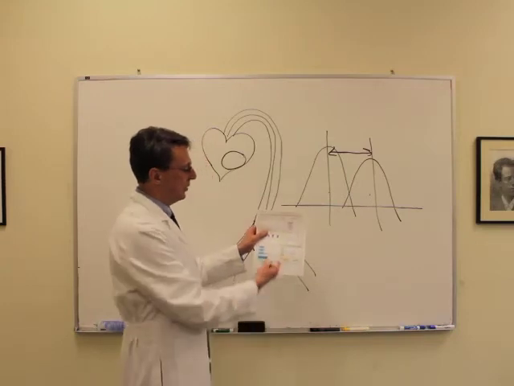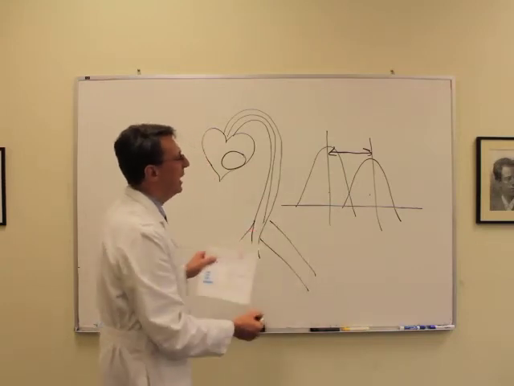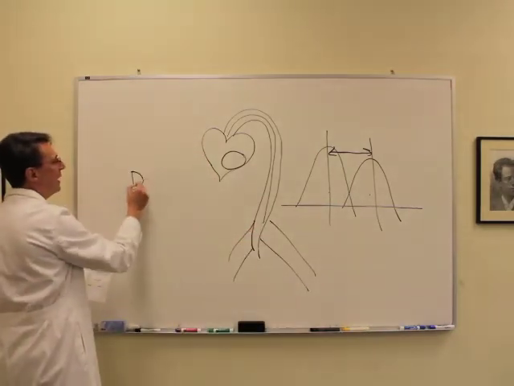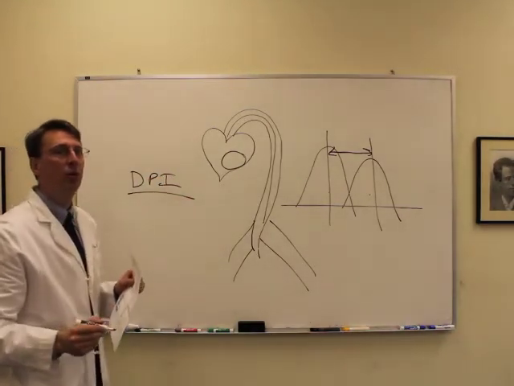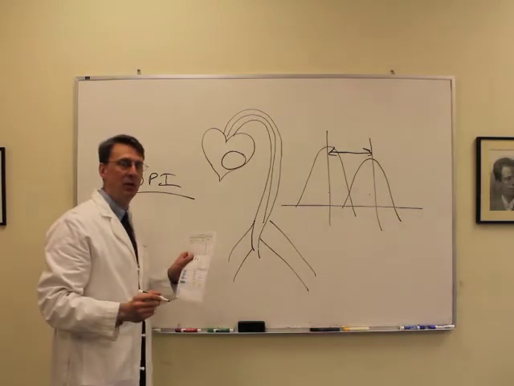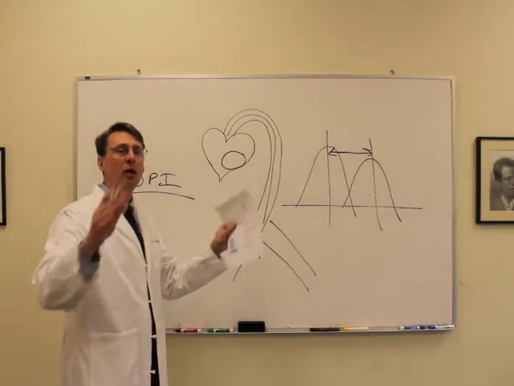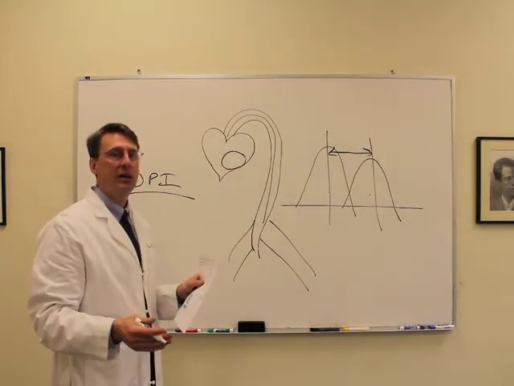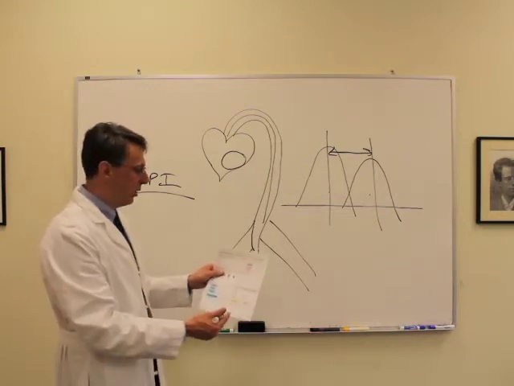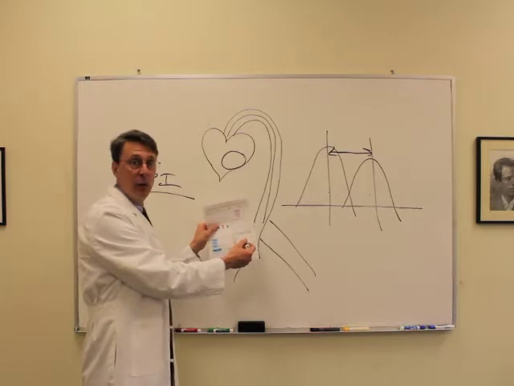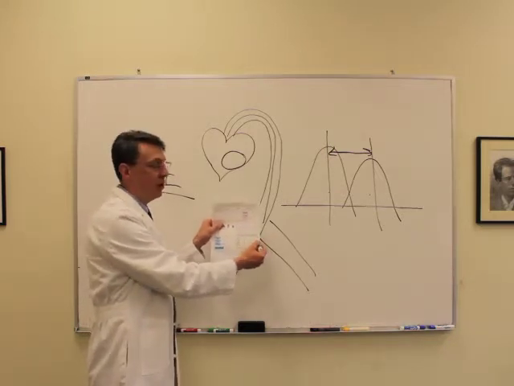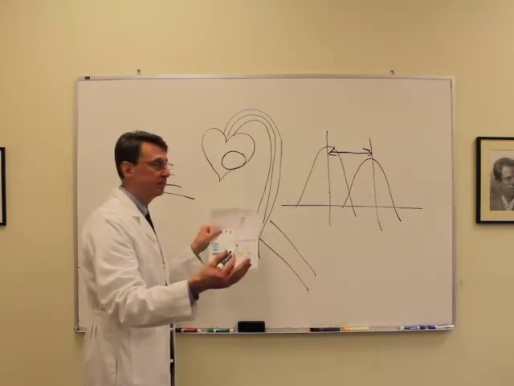The first thing that you'll notice is called DPI. The DPI, or differential pulse index, is our best overall indicator of cardiovascular function. And on our report, you're going to want to see that bar as close to the right side under optimal as possible.